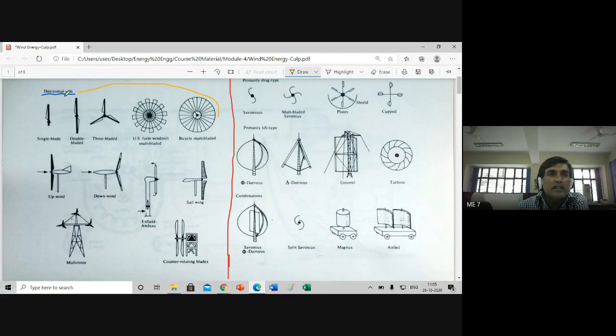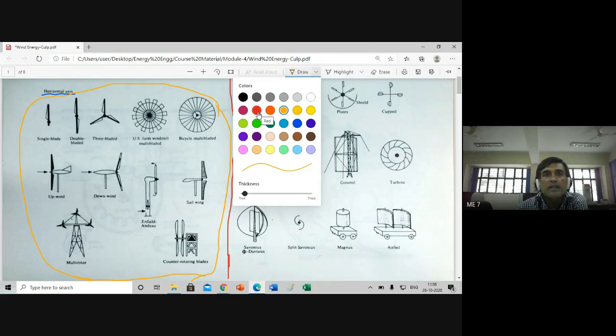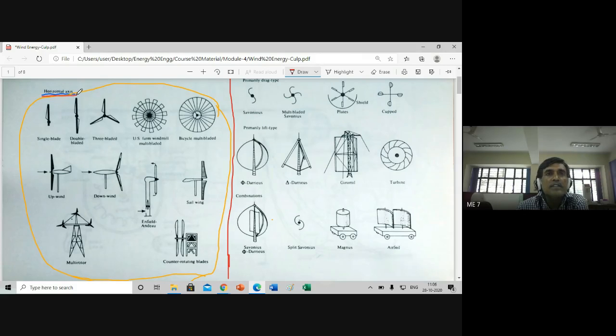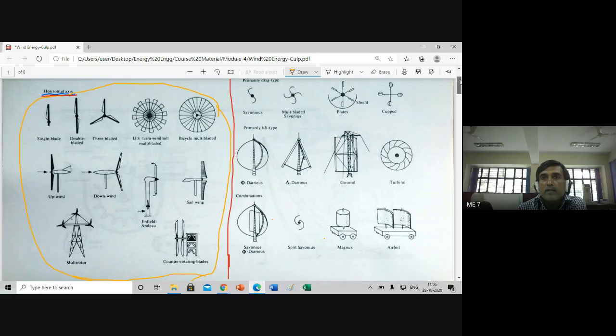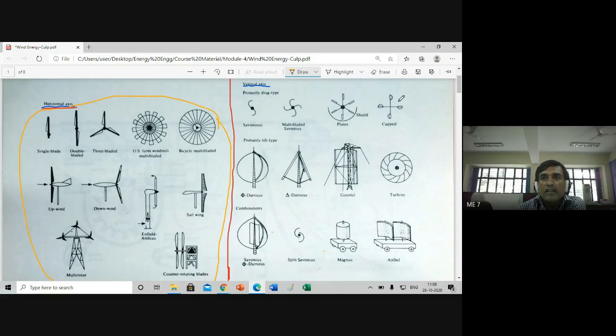All these are horizontal axis wind turbine blades alone. Next is vertical axis.